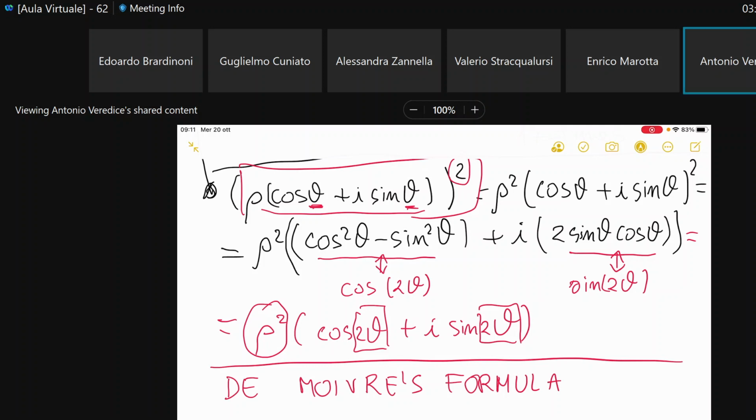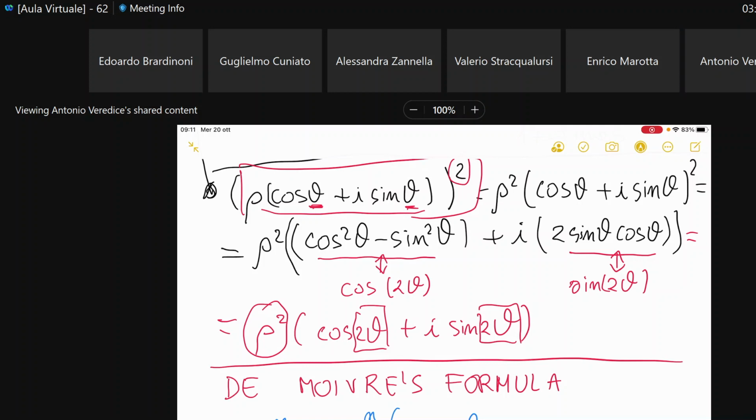The De Moivre formula that we will use to compute the power of a complex number. This formula is the following: z to the n, so the nth power of a complex number, is simply the nth power of its modulus, rho, times cosine of n times theta, like before it was 2 theta because it was the square, and in this case it is the nth power.